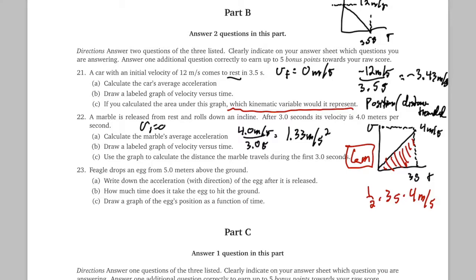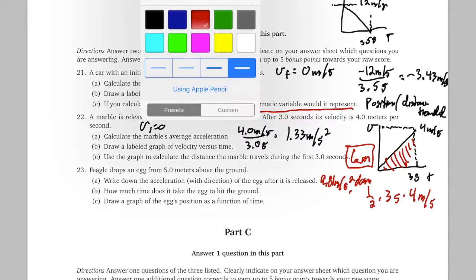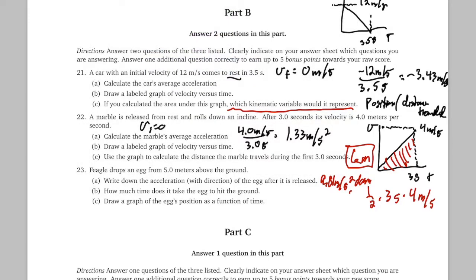All right, for 23, Fiegel drops an egg from 5 meters above the ground. So the acceleration is always going to be 9.81 meters per second squared down for anything that is dropped. For the time it takes for the egg to hit the ground, since this is just being dropped, all I have to do is say, since V initial is equal to 0, I would say D equals 1/2 AT squared.